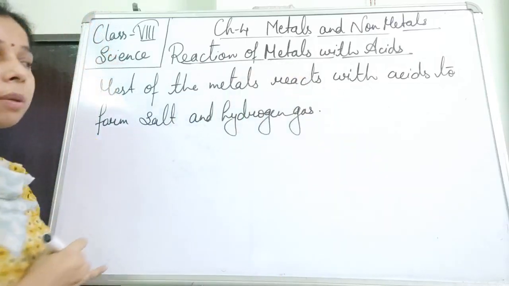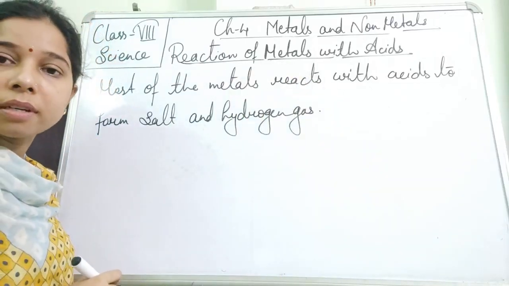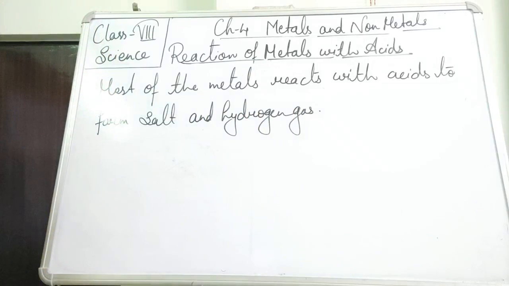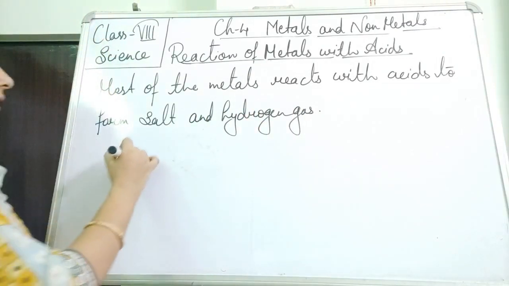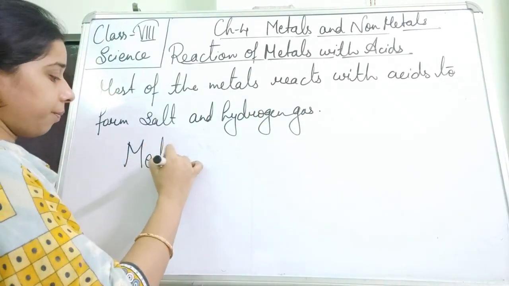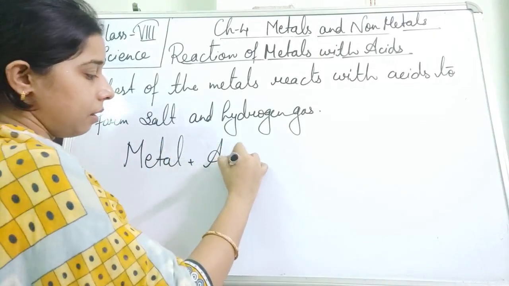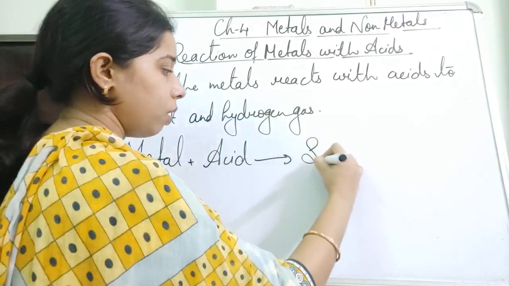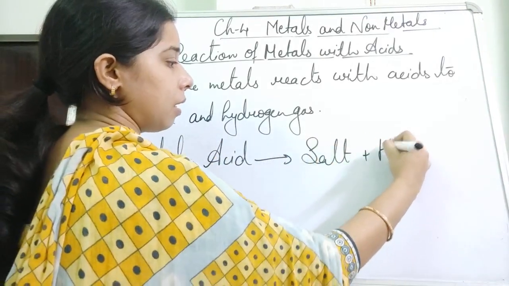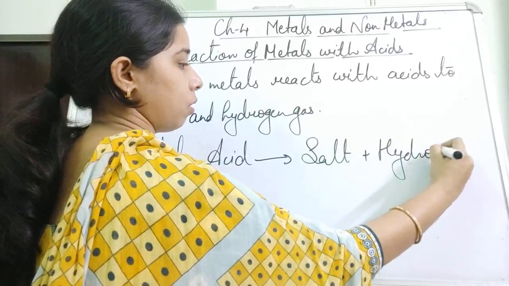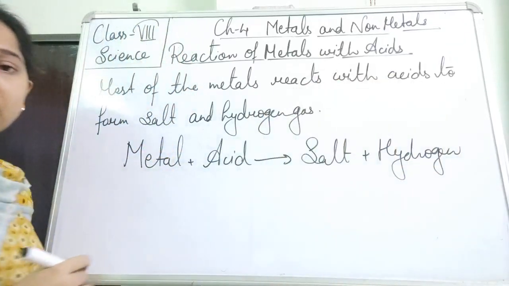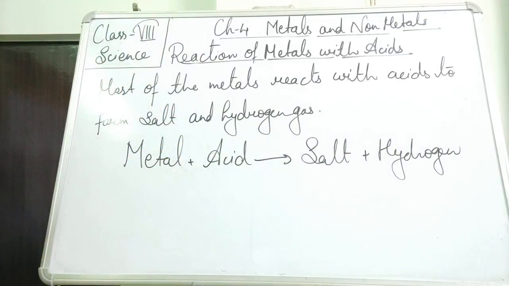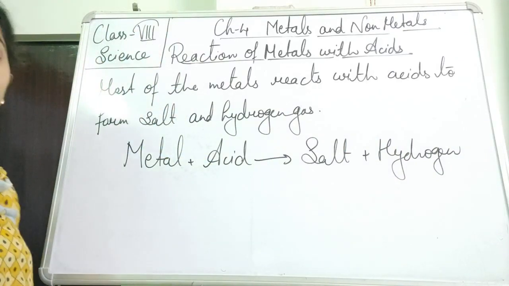Okay, most of the metals react with acid to form salt and hydrogen gas. Now we can write it here: metals react with acid to form salt plus hydrogen.